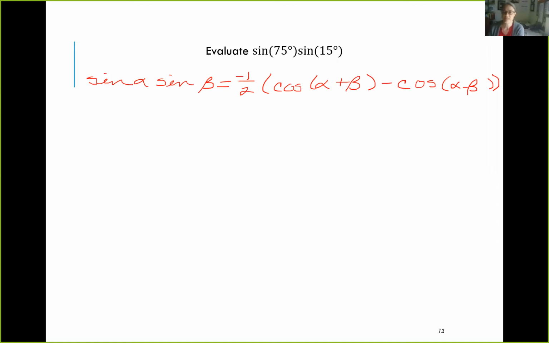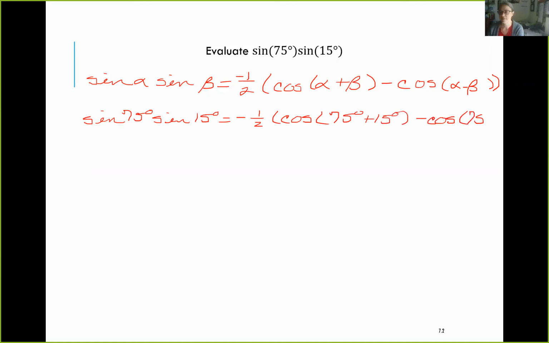So that means that the sine of 75 degrees times the sine of 15 degrees is equal to negative 1/2 times the cosine of 75 plus 15 minus the cosine of 75 minus 15 degrees.